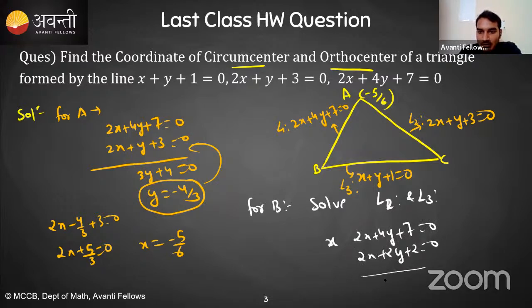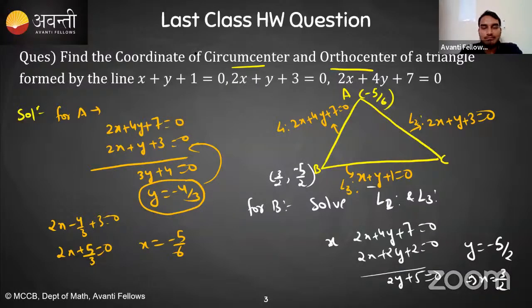What are you getting? You are getting 2y plus 5 is equal to 0. Y is minus 5 by 2. Put this y in this equation. So minus 5 by 2 plus 1, minus 3 by 2. X is 3 by 2. So what are the coordinates of B? 3 by 2 comma minus 5 by 2. Clear? So we are just finding the coordinates of A, B and C.